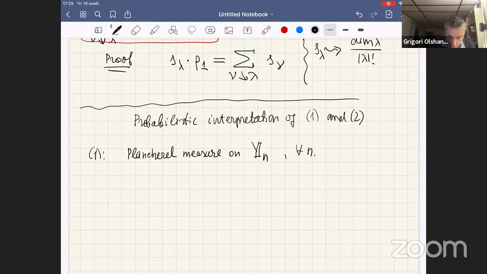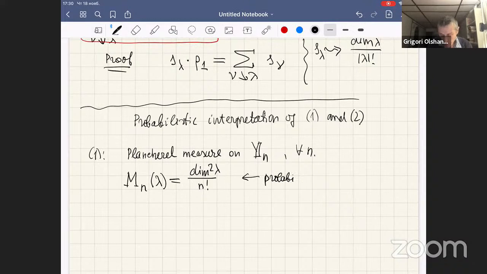So we get some measure m, and the weight it assigns to a given diagram is dim lambda squared over n factorial. So we get a probability measure, which is called Plancherel measure.